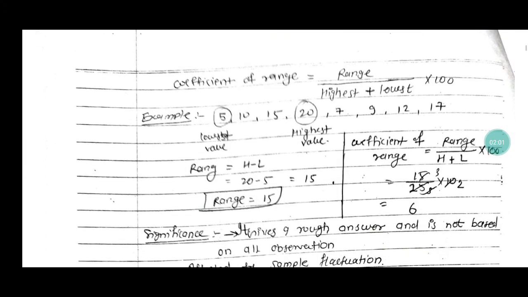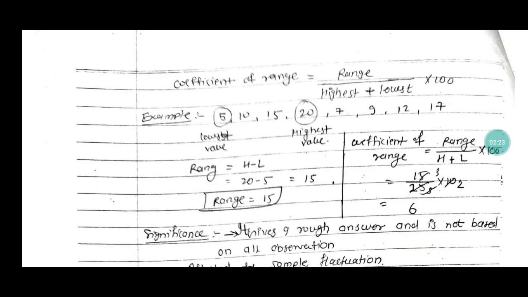And the formula for the coefficient of range is equal to range divided by highest plus lowest into 100. Example, that is 5, 10, 15, 20, 7, 9 and 12, 17.